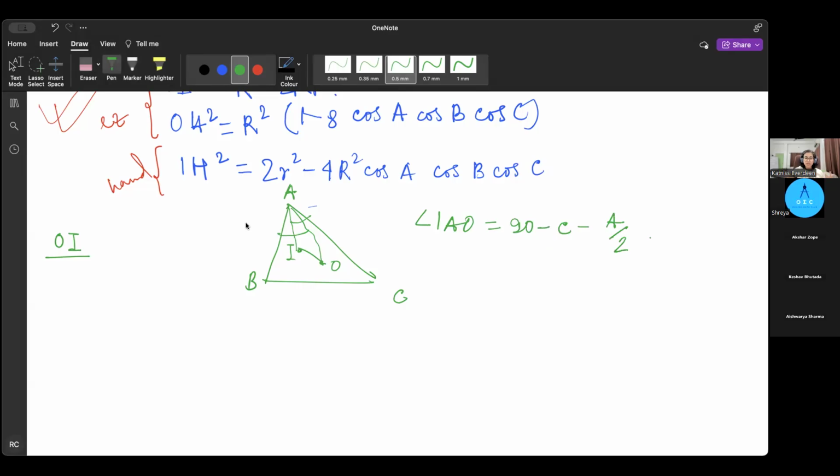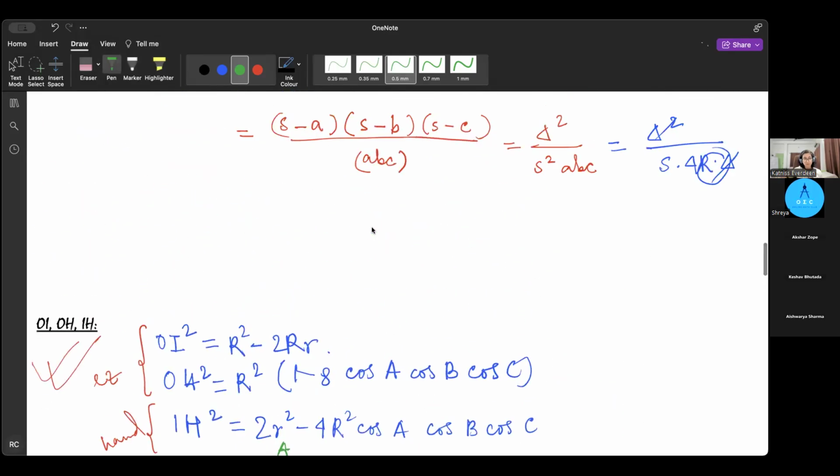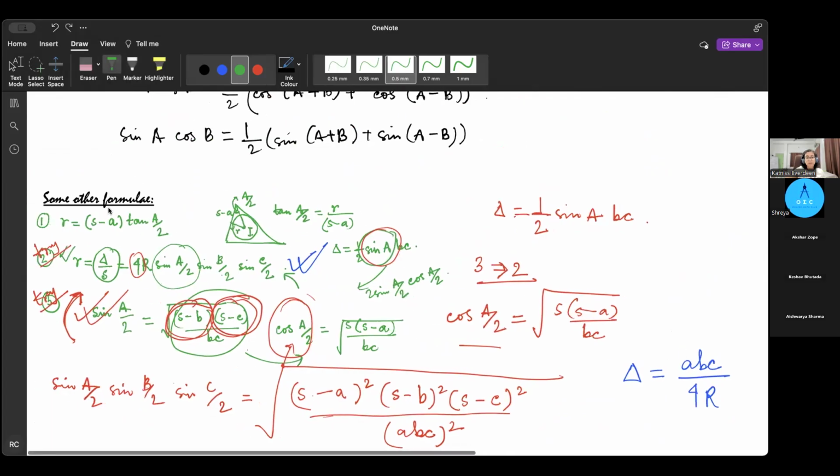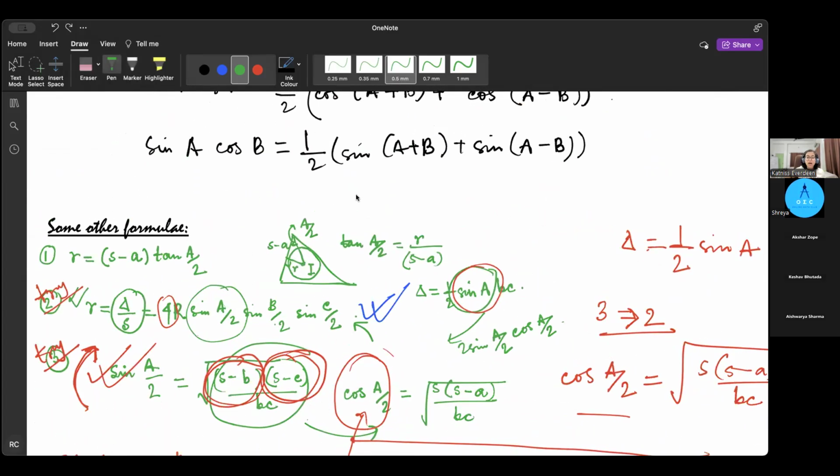And why did I want to compute IAO? That's the obvious question. This is nice because I know that r is (s minus a) tan A by 2, if you remember. Why is my screen frozen?